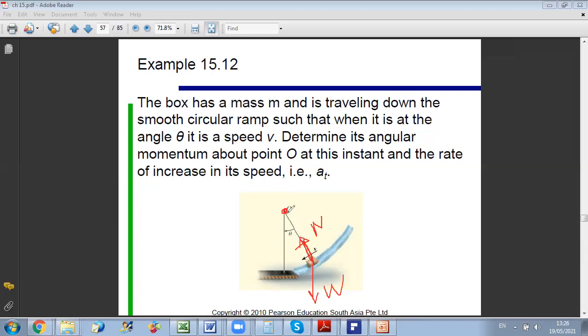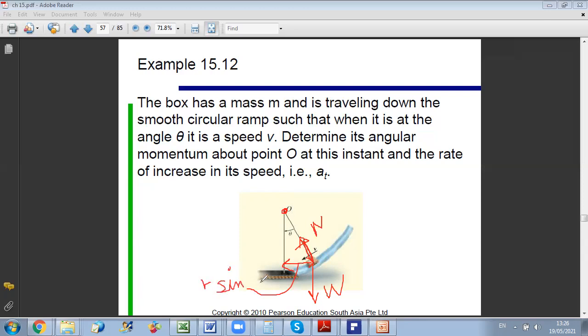And to get the moment of the weight about O, I should find this distance here, the perpendicular distance from O to the line of action of the weight. This distance is simply r sine theta.